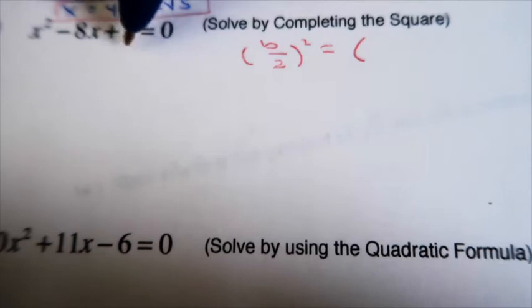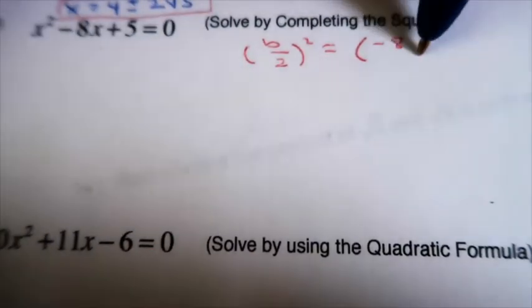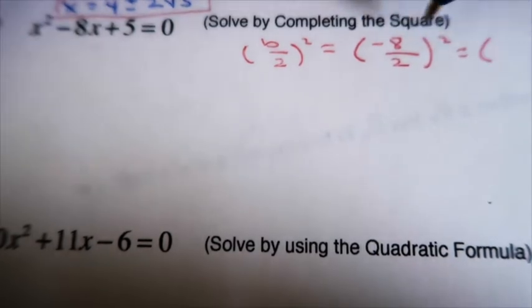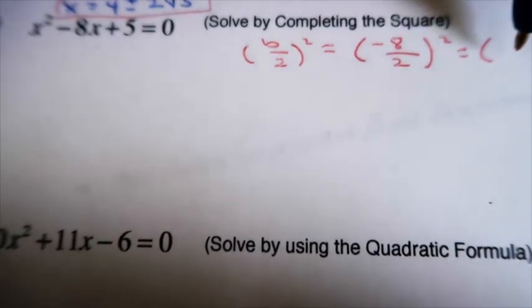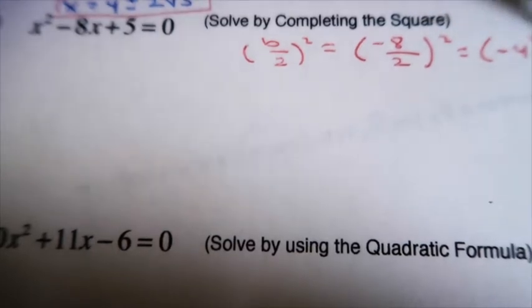Our b here in this case would be −8, over 2, squared. Negative 8 over 2 is negative 4, squared. Negative 4 squared is 16, positive 16.